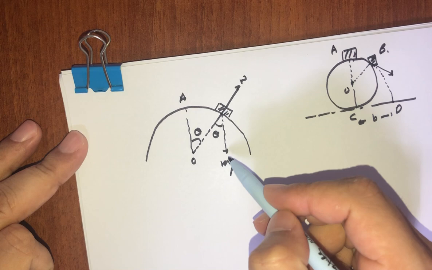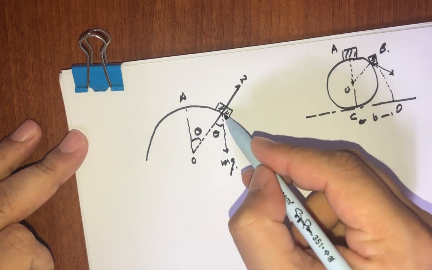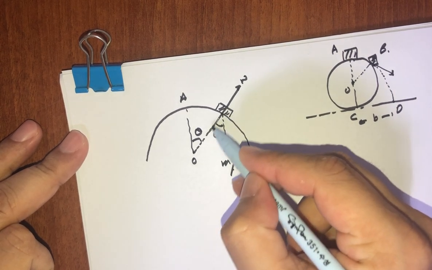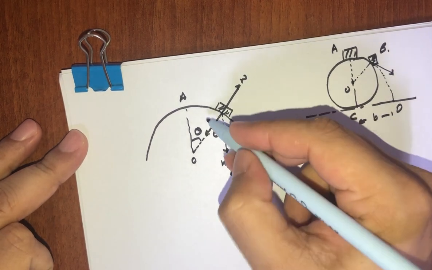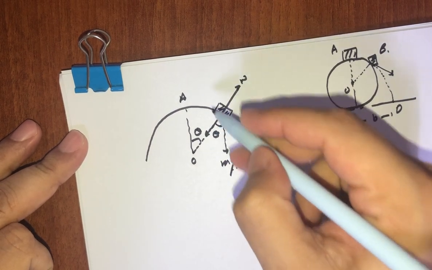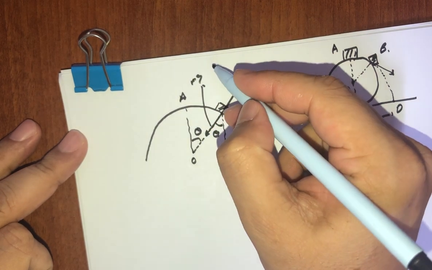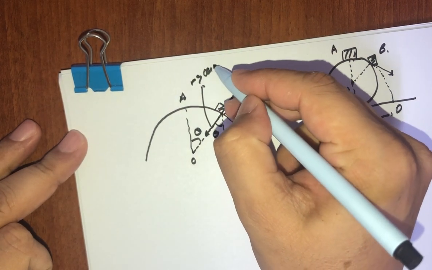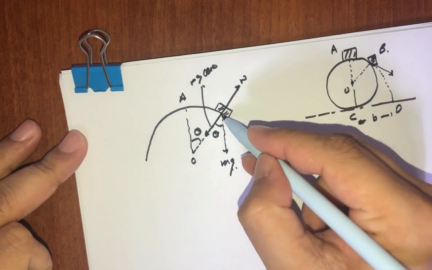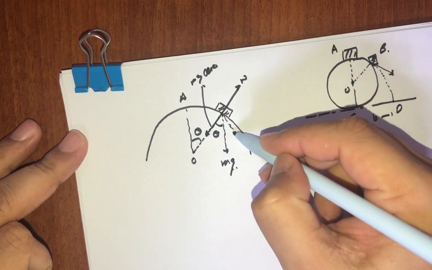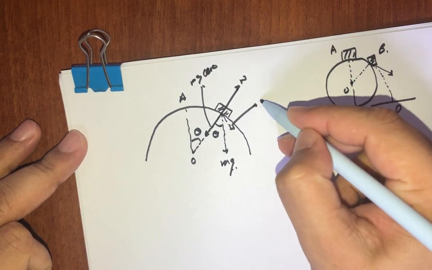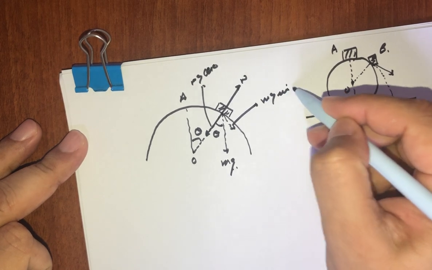Now this mg is going to have two components. One will be in this direction. This will be mg cos theta because of this angle theta. Another one will be in this direction. This will be mg sin theta.